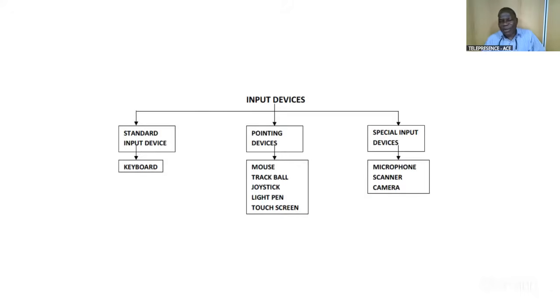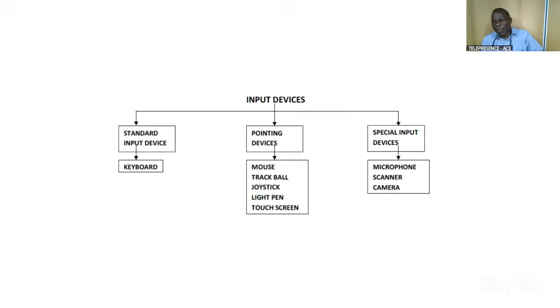Then lastly, you have the special input device. This special input device takes what you seemingly think cannot be accepted by a computer and makes it acceptable to the computer system. Microphone: it makes it possible for a human being to talk to the computer, and the computer will receive that as input.